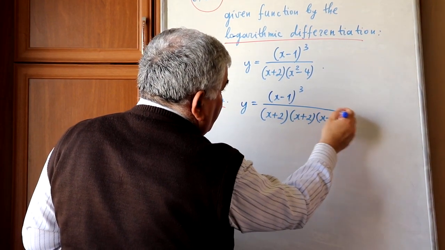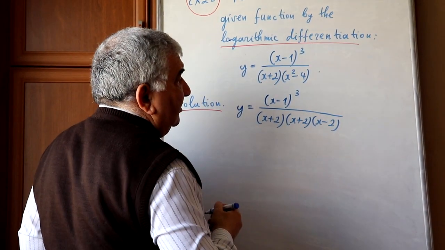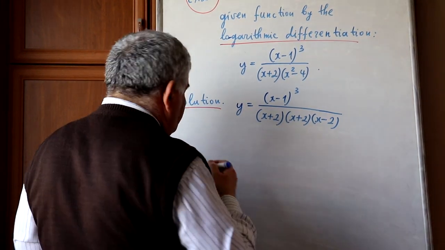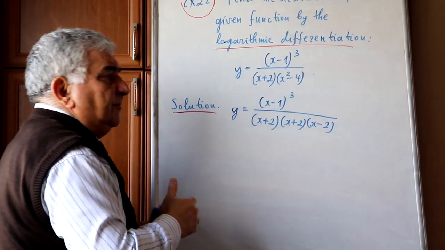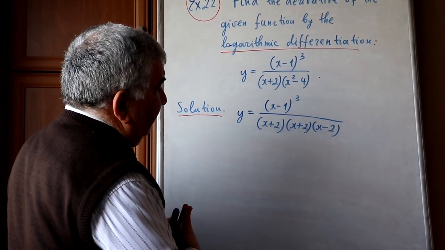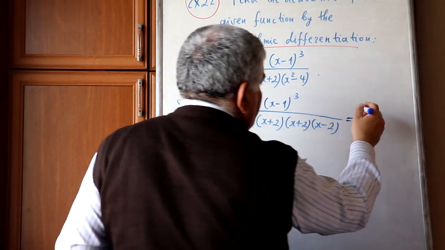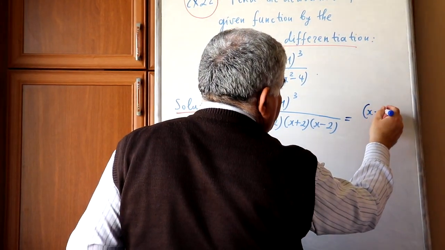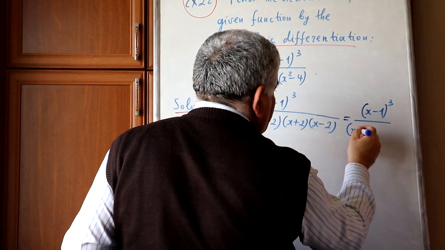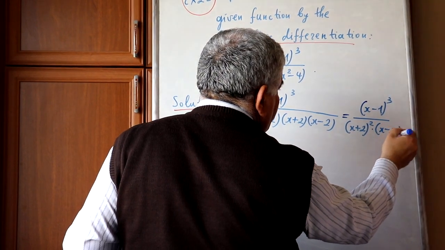Here we factorized the expression x squared minus 4, as here we used the formula of the difference of squares. Then continue. It is x minus 1 cubed over x plus 2 squared multiplied by x minus 2.